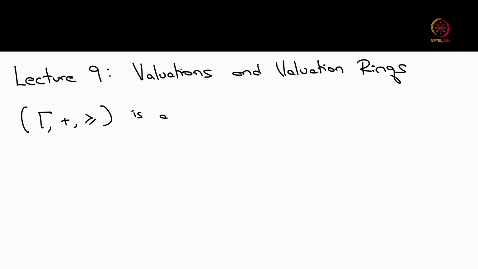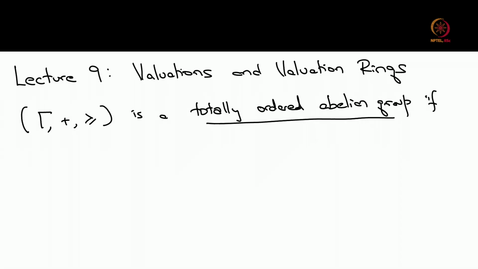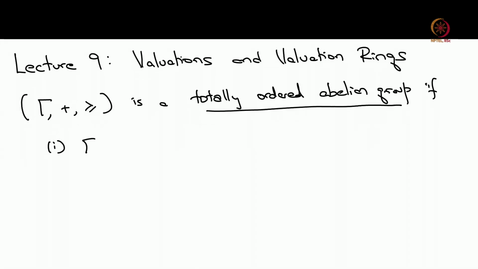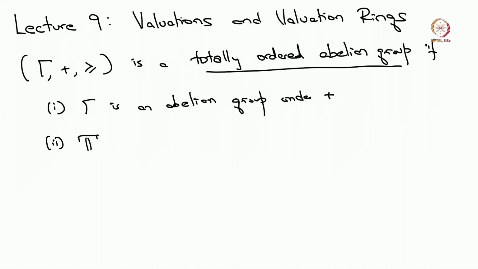So we'll call gamma with this addition operation and this ordering a totally ordered abelian group if gamma is an abelian group under the operation plus, and greater than or equal to is a total order on this abelian group. So what does that mean?